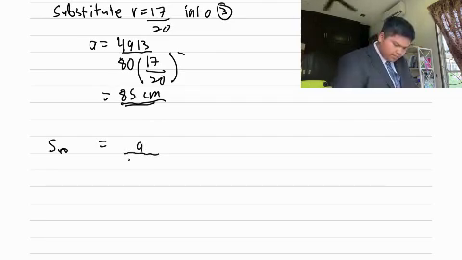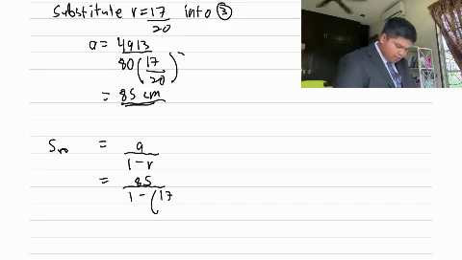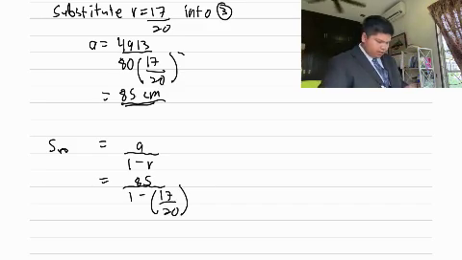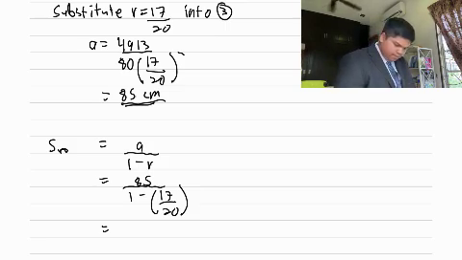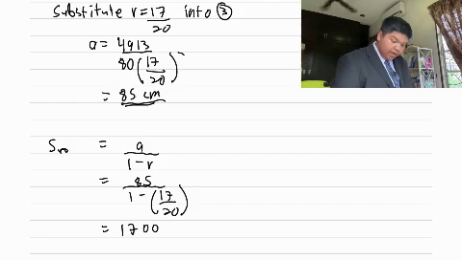So we can substitute our values, 85 over 1 minus 17 over 20, which should get us 1,700 over 3 centimeters. Now we're still not done.